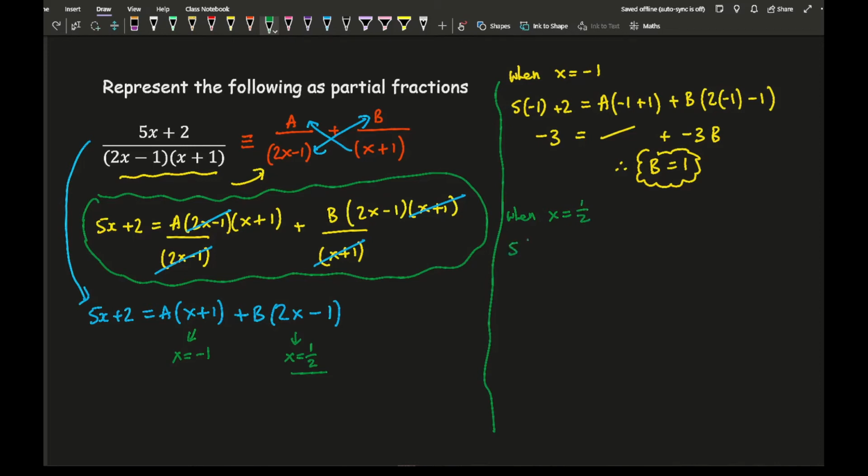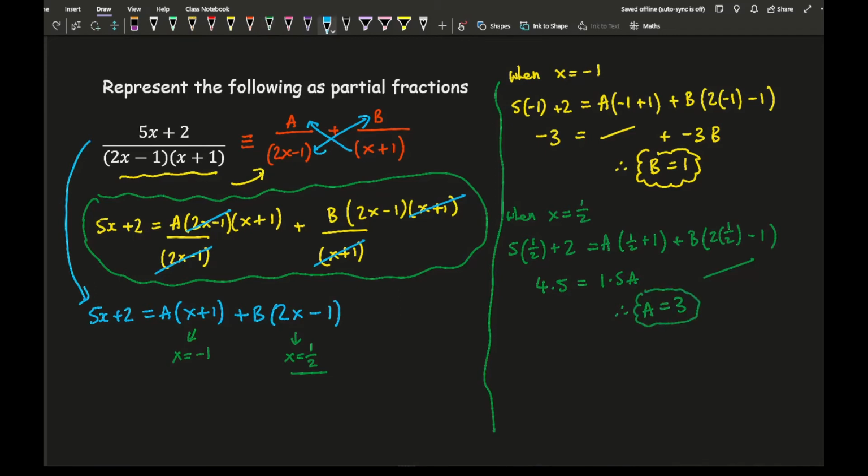So what I've got is 5 lots of a half plus 2 is equal to a lots of a half plus 1, plus b lots of 2 times a half take away 1, and 5 times a half is 2.5, plus 2 is 4.5, equals 1.5a, and that disappears. So if 4.5 equals 1.5a, then therefore a equals 3, and there's my second value.